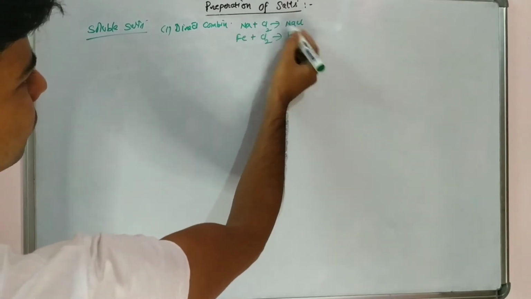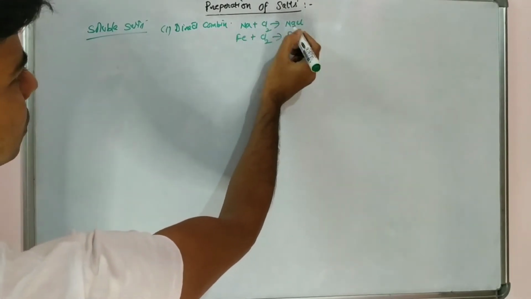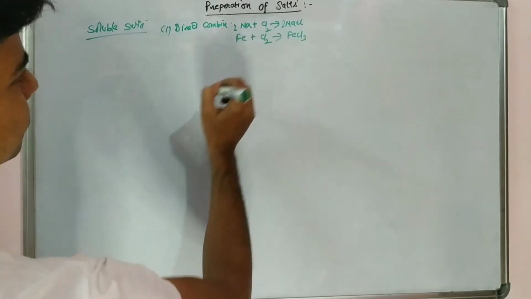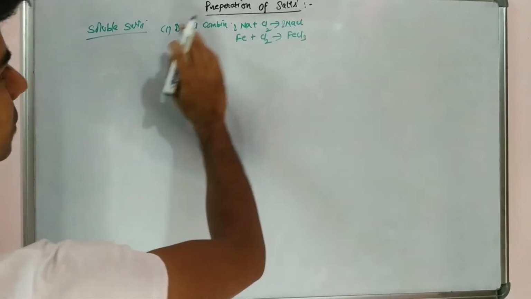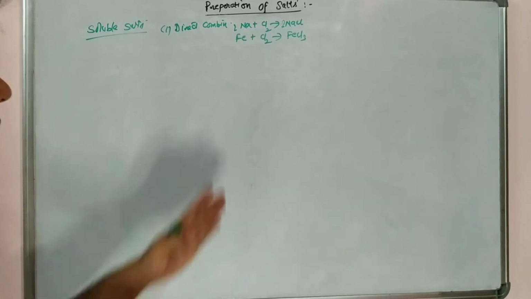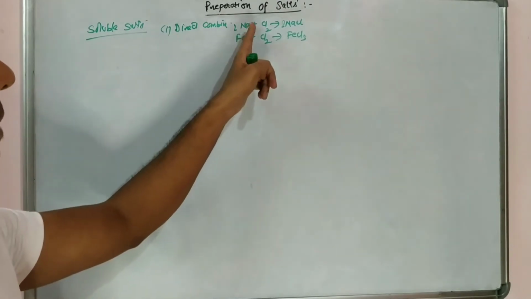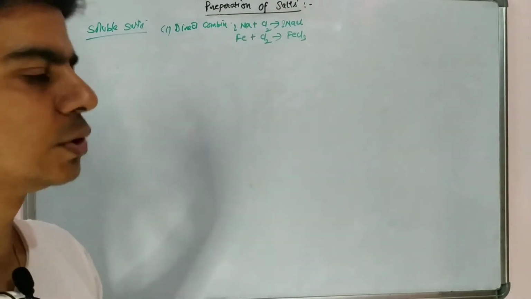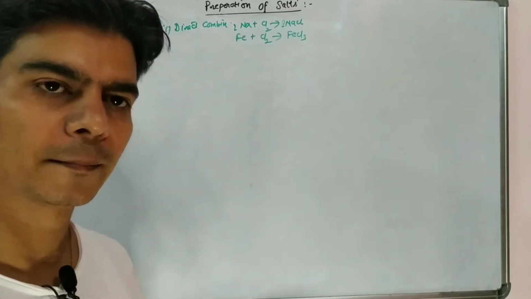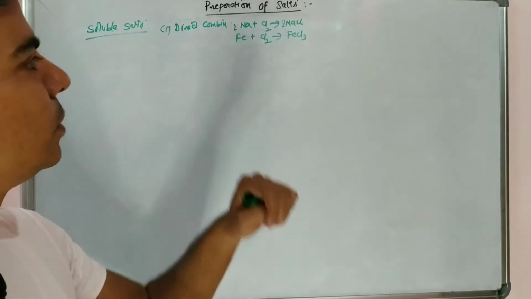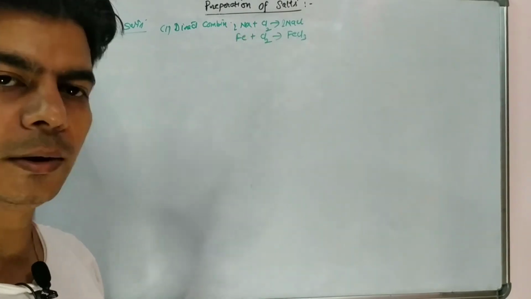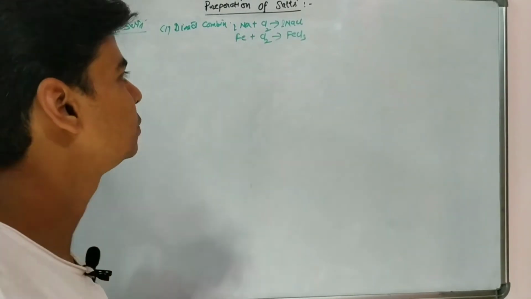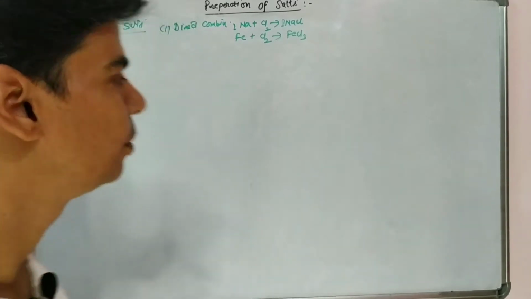So if you want to balance this equation, you can do this. So this is a method wherein two elements, in the first example, sodium, will react with chlorine to form sodium chloride. Similarly, in the second reaction, iron will react with chlorine to form ferric chloride. So this comes under direct combination.